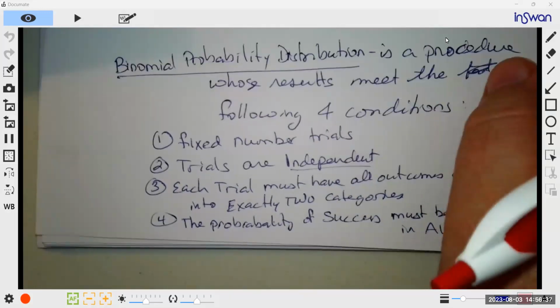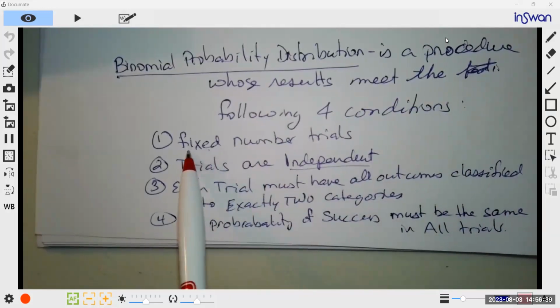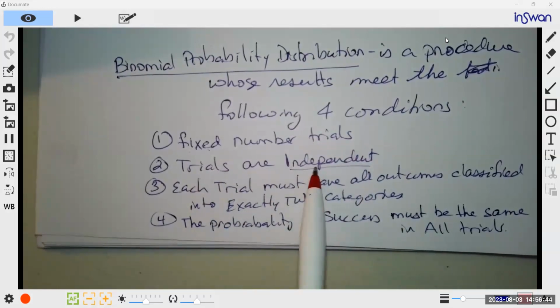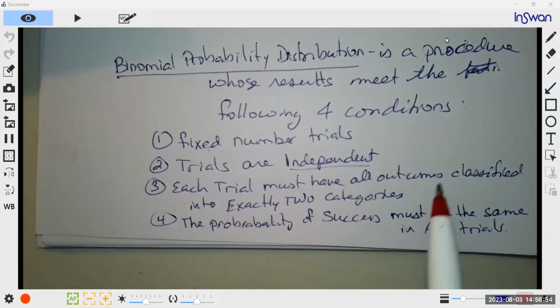So these are four conditions that have to be met. You have to have a fixed number of trials. You can't keep on going forever and ever. The trials each have to be independent. The results of the trials have to result into one of two distinct outcomes, categories, and the probability of success must be the same for each trial.